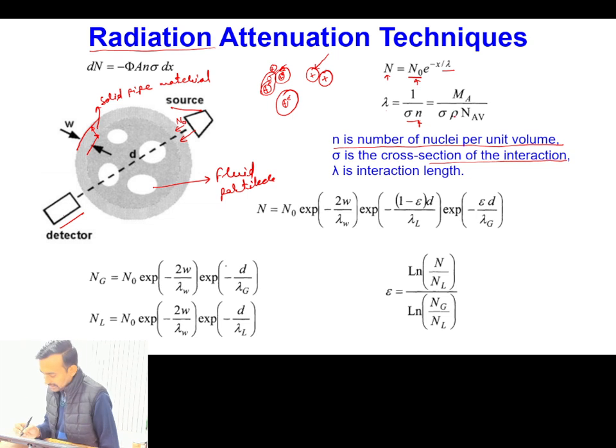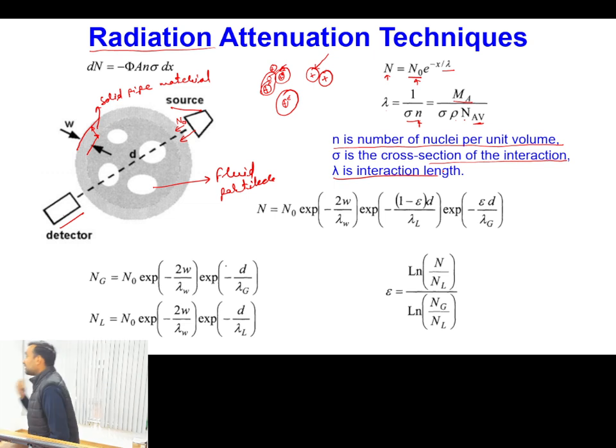So now you can see that n has the formulation rho times Avogadro number divided by molecular mass. This interaction length lambda will be specific for each and every particle.